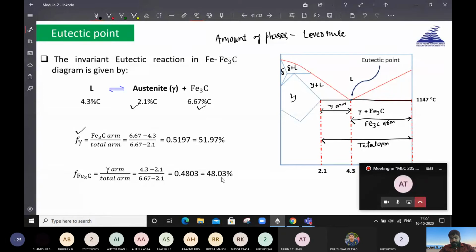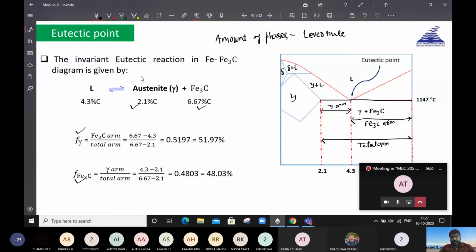Similarly, the fraction of Fe3C will be 48.03%. I hope things are clear to you. If you have any doubt at any point, you can ask. This is how we calculate the composition and fraction of phases in a given phase mixture.